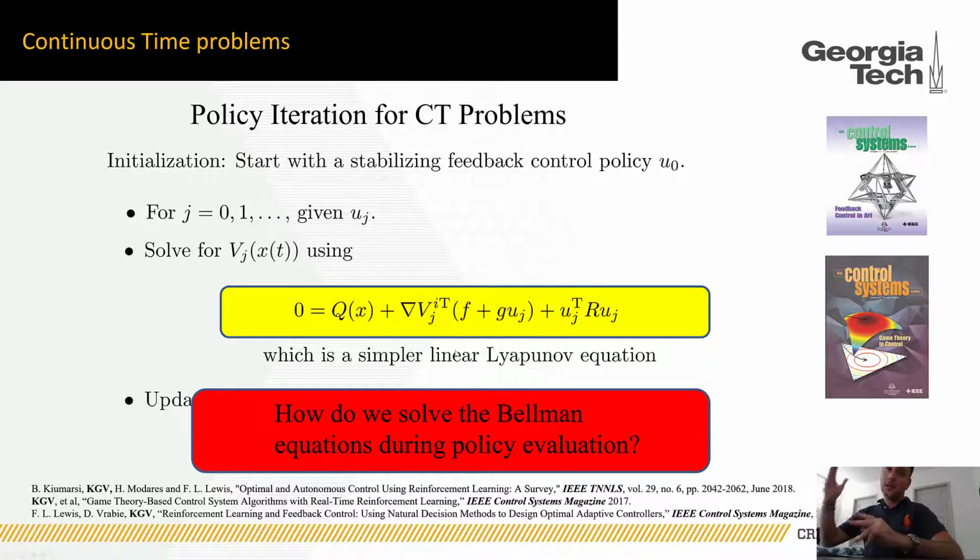Let's see. We have a lot of details about these things, and of course, many people have written papers on that, and we have written papers, but they're geared towards control only. We have two magazine articles, and also a survey that appeared in IEEE Transactions on Neural Networks and Learning Systems. If you want to learn more, I encourage you to go deeper into these things.